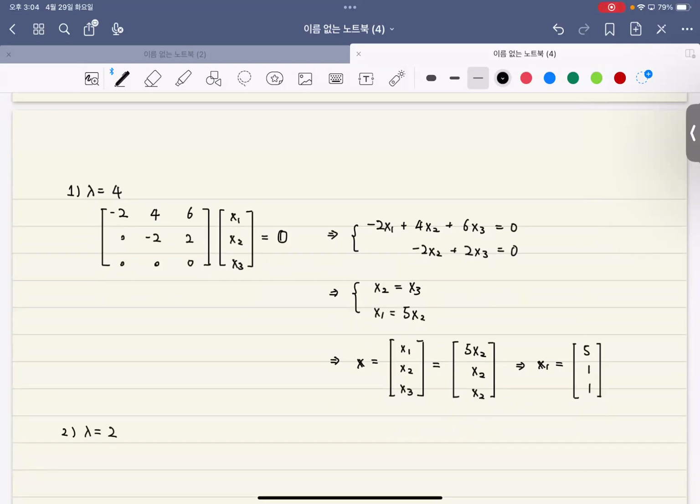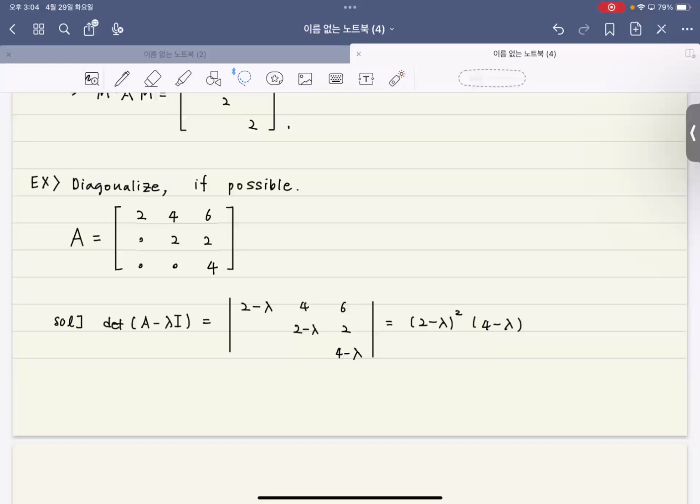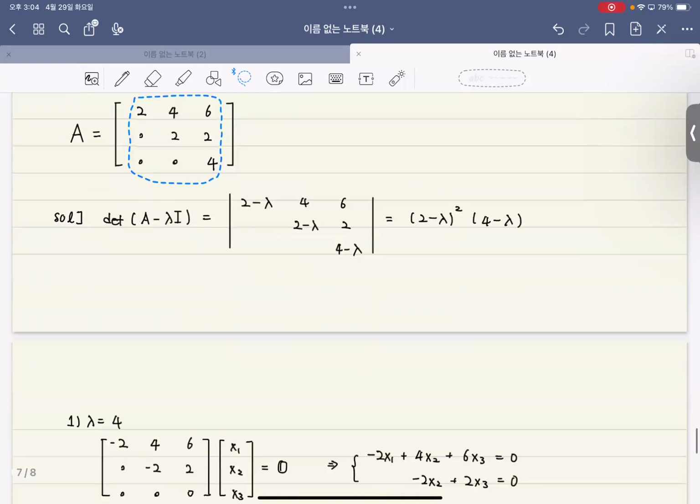The second eigenvalue was 2, whose algebraic multiplicity was 2. In this case, I want to subtract every single diagonal entry by 2.